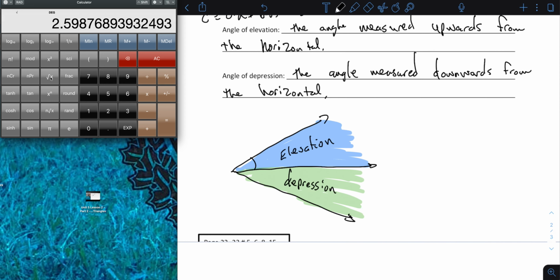And this is what we call the horizontal. That's it. We'll use the angle of elevation and depression more in the next lesson. Let me know if you have any questions.